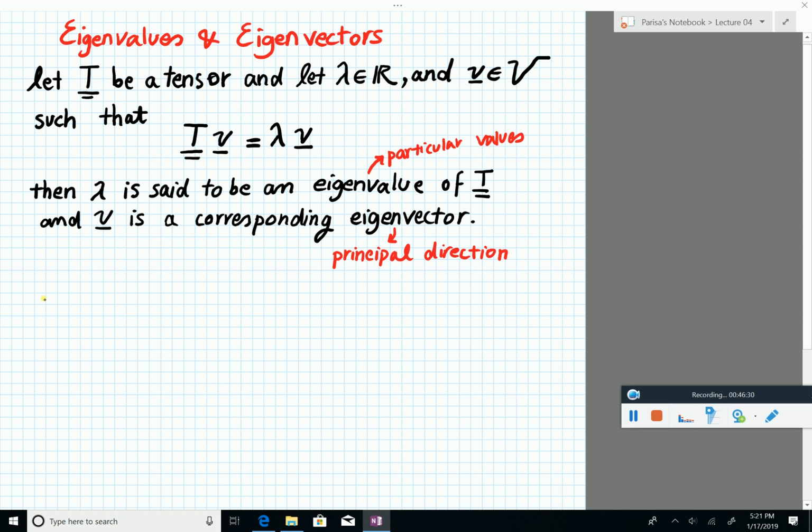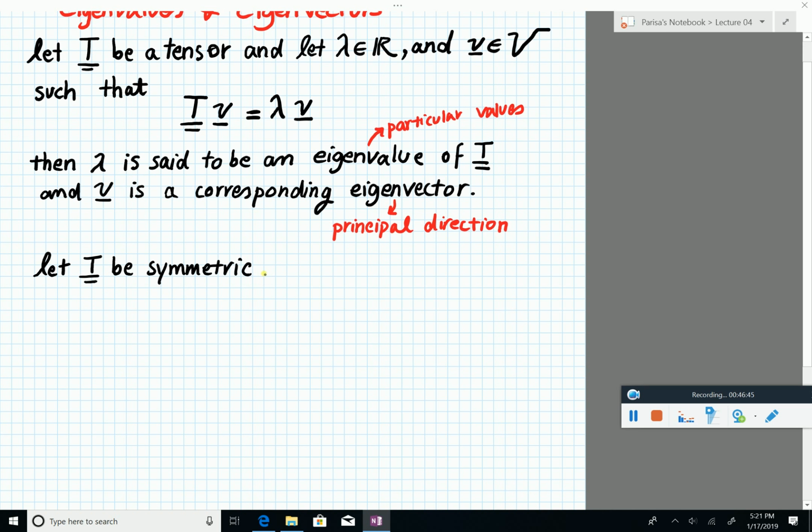So if the tensor is symmetric, and there are some other good things when the tensor is symmetric. And some of our very important tensors are symmetric, so that's the nice thing.